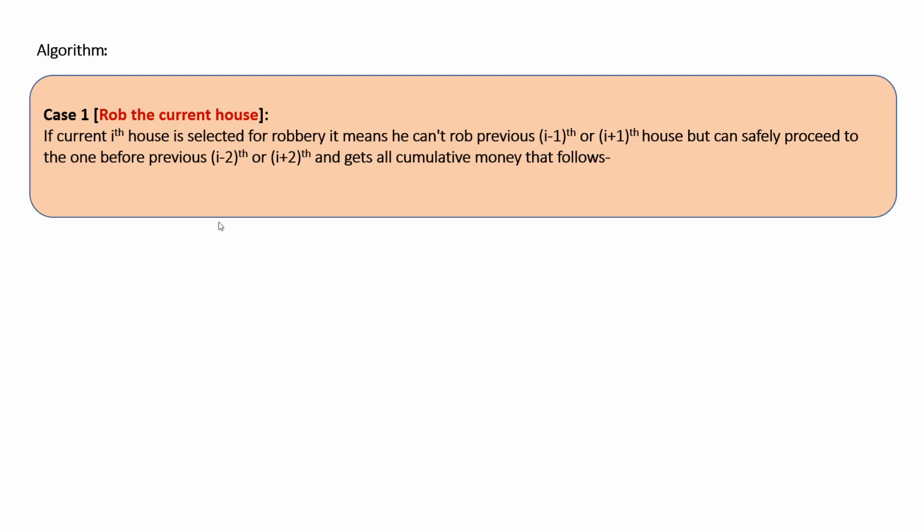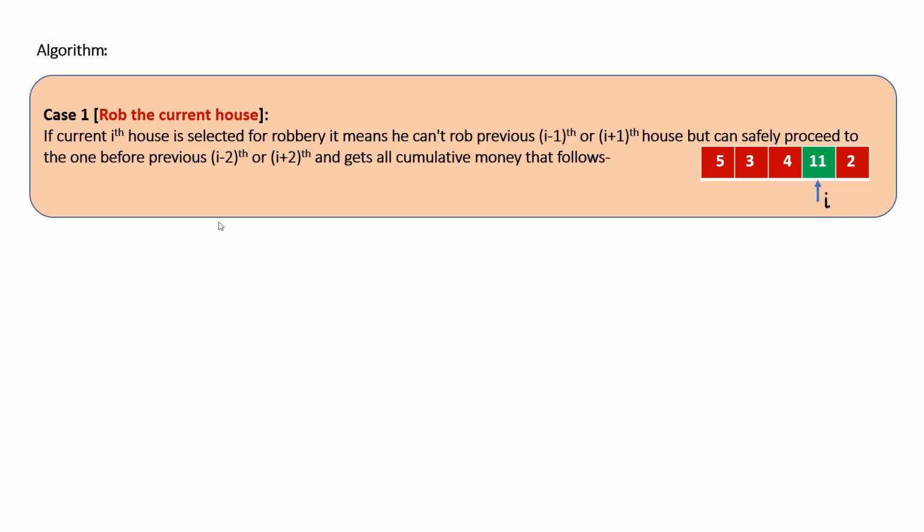Okay. So now these are the houses, and assume currently 11 is the ith position where the robber is. So here the robber has to make a decision because we are taking the case where he robs the current house.